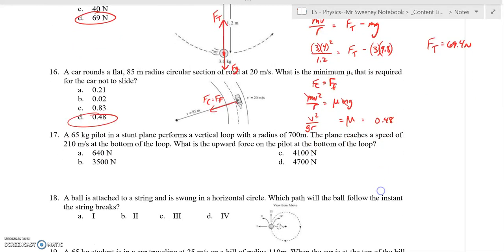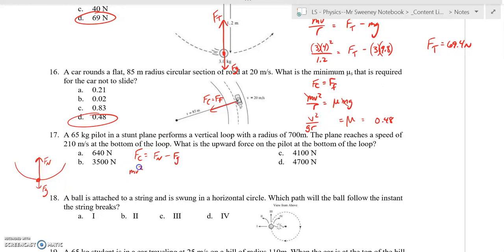17. A pilot in a plane performs a vertical loop with a radius of 700 meters. At the bottom of the loop, it's going 210 meters per second. What's the upward force on the pilot? So at the bottom of this loop, there's two forces on the pilot. There's this upwards force from the seat, we'll call it a normal force, and there's the force of gravity pulling the pilot down. The centripetal force would be the sum of those two, where the normal force is pointing toward the center of the circle, gravity pulling away.